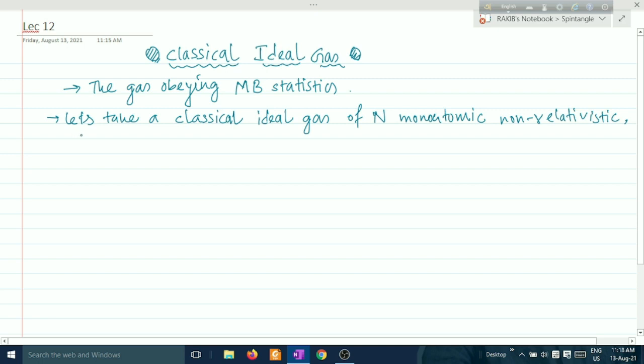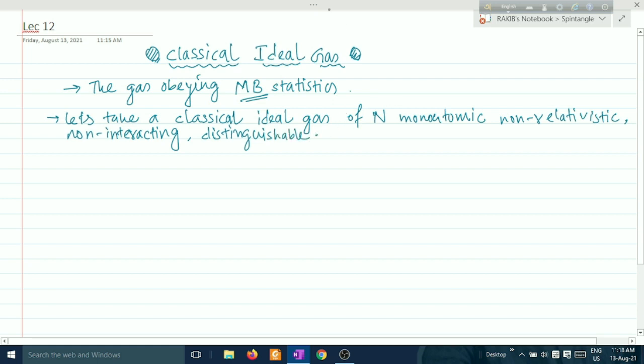Non-relativistic, non-interacting, distinguishable, because they follow Maxwell-Boltzmann statistics. That means they will be called distinguishable particles.